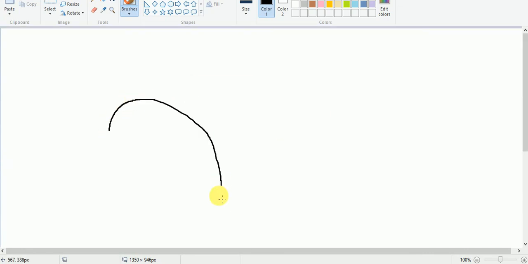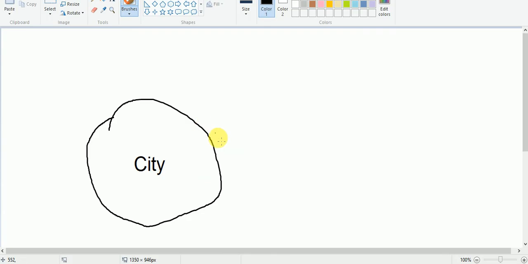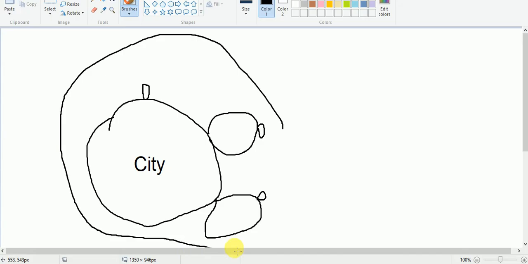Say here we have a city, and there may be two or more. Here we have a town and another independent town also here, and there may be outgrowths of this city, or outgrowths of these towns also. Some outgrowths are there, and all these together is an urban agglomeration.